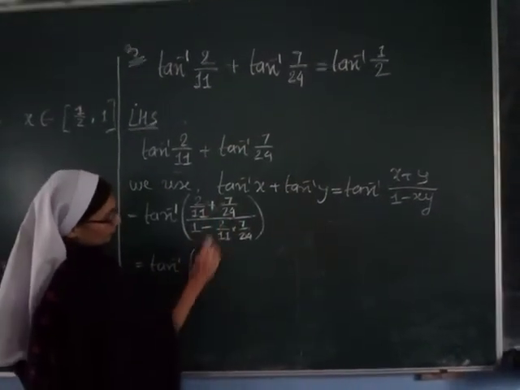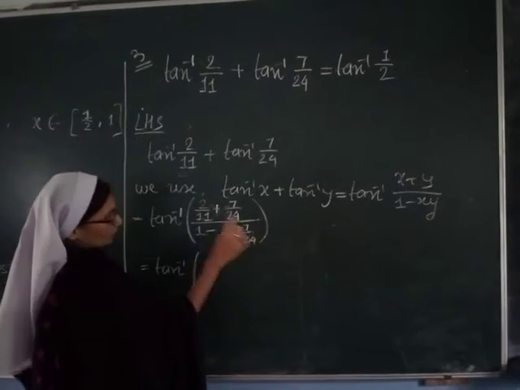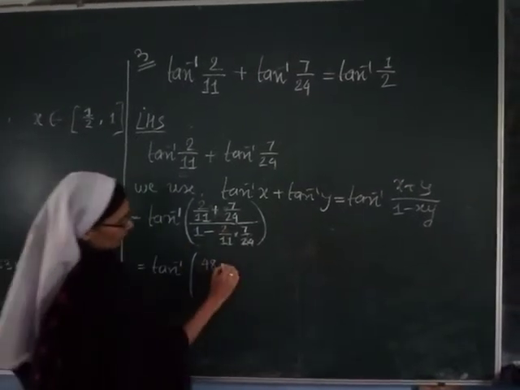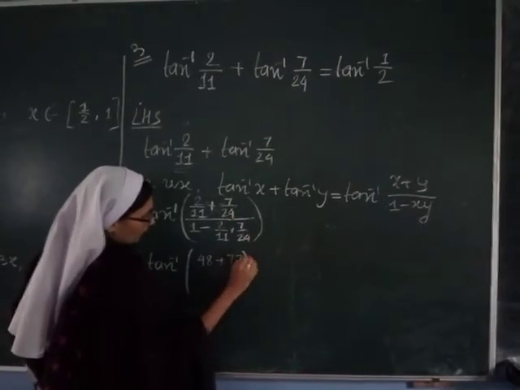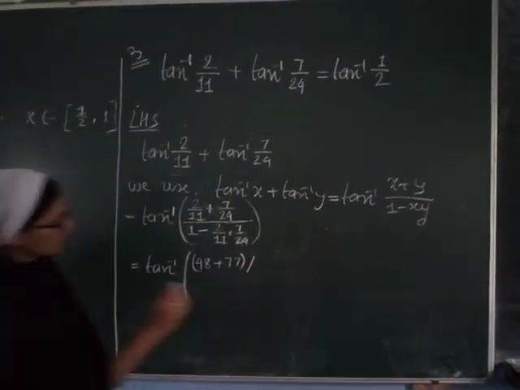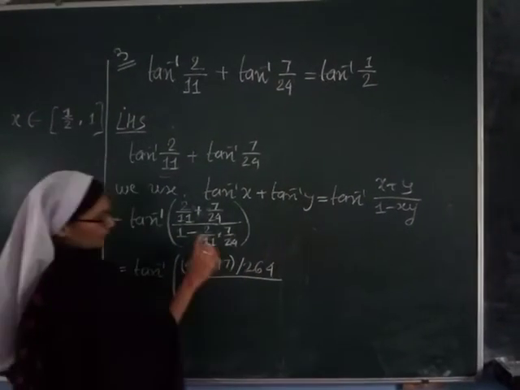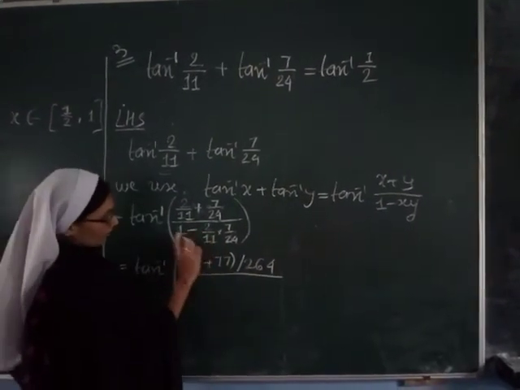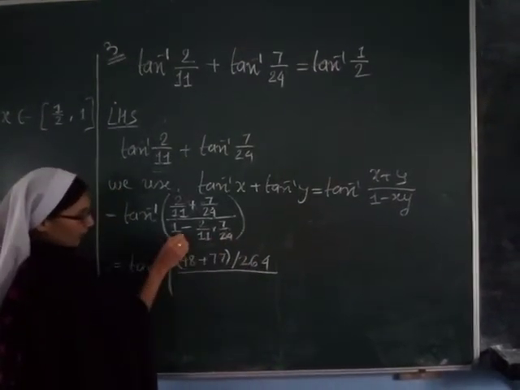So 24 into 2 is 48, right? And 11 into 7 is 77. And if you take the LCM, this product is 264. Here also you take 11 into 24 which is 264, and multiply here.